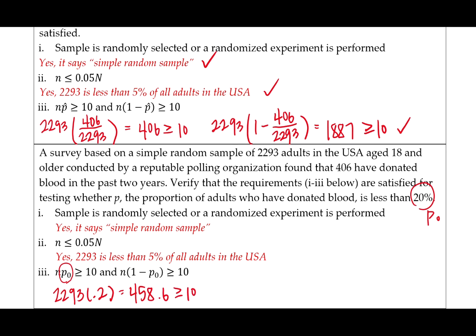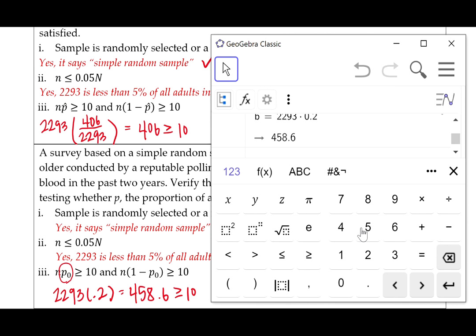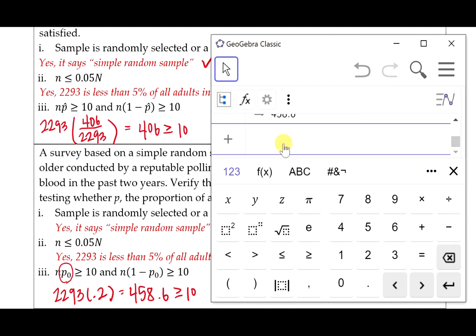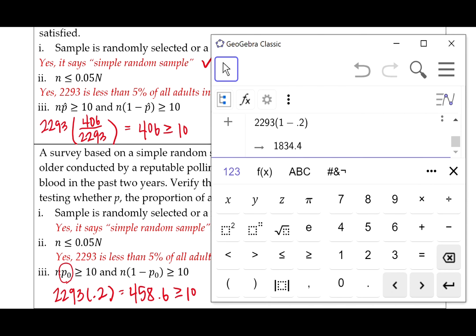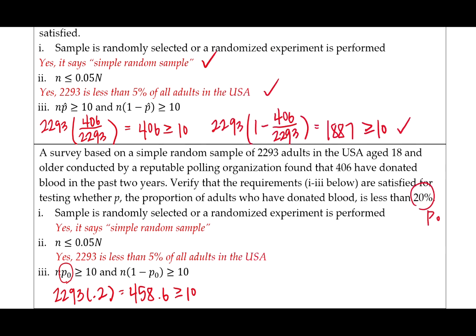And we'll check our n times 1 minus p sub 0. So 2293 times 1 minus 0.2, and that equals 1834.4, which is also at least 10. So again, I have met all the conditions I need for performing a hypothesis test for the population proportion.